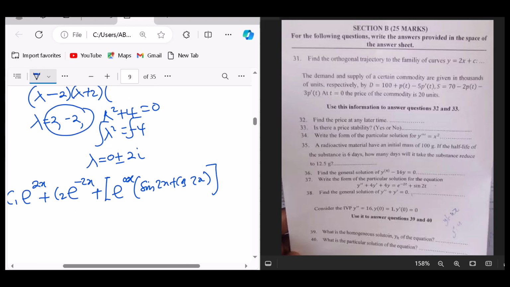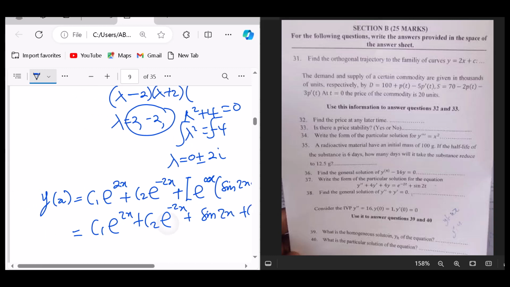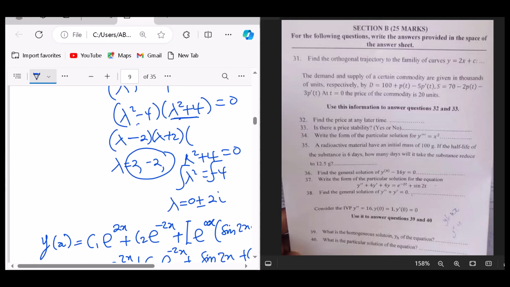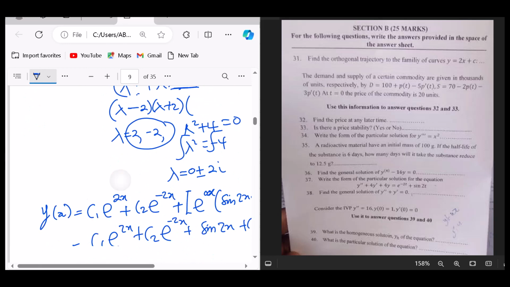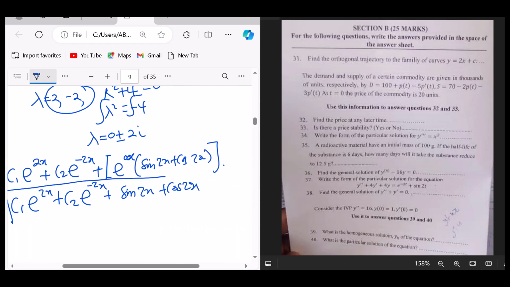So we have c1 e power 2x plus c2 e power negative 2x plus sine 2x plus cos 2x. And so the solution for our 36 is this one here.